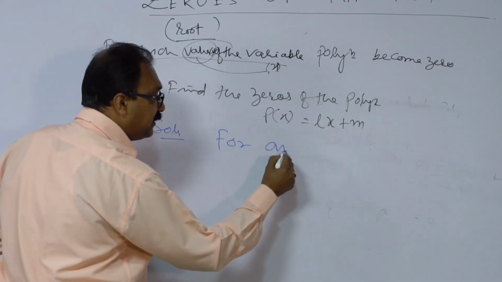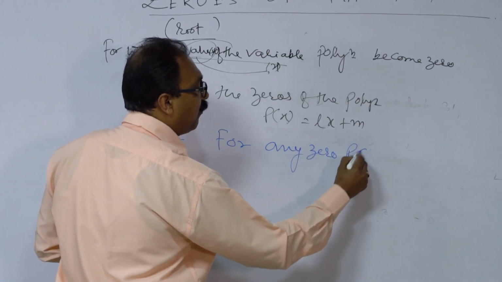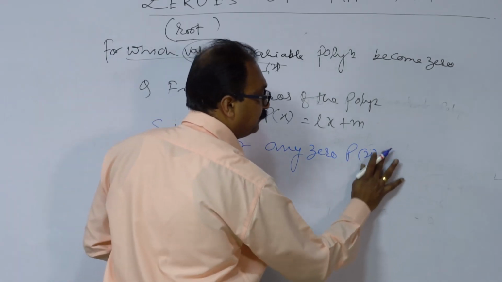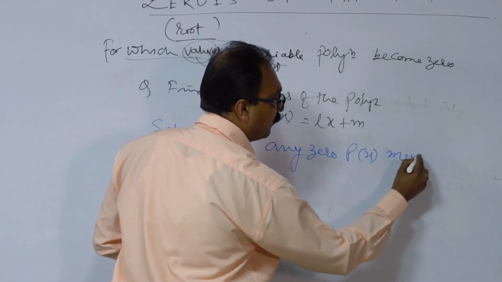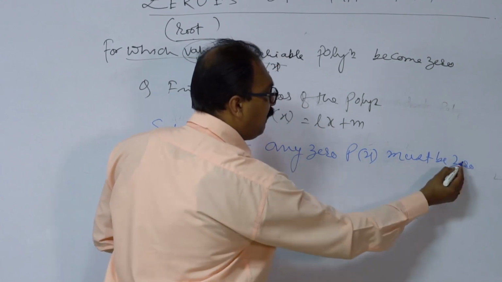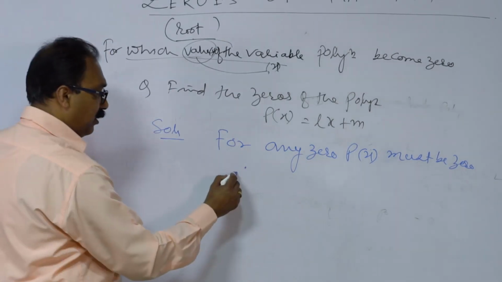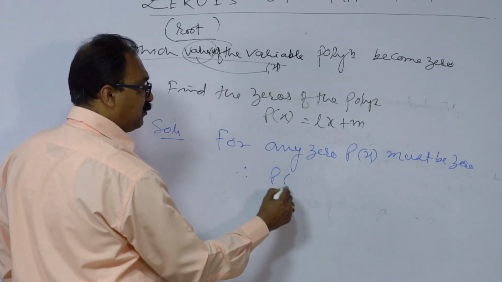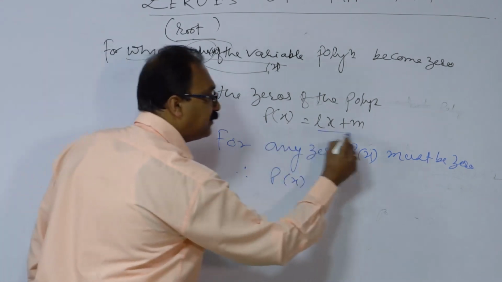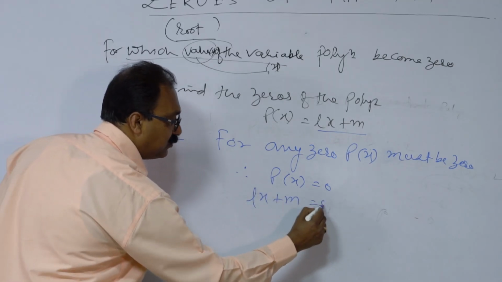For any zero, p of x must be 0. For any value of x, p of x must be 0. Therefore, if p of x must be 0, then p of x equals 0. What is p of x? This one. So write lx plus m equal to 0.